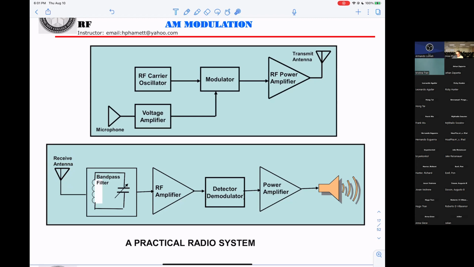However, you can tune your radio by changing the LC to select the frequency you want, and that has to be amplified. And it also has to go to the detector, the demodulator, then be amplified again before it goes to the speaker.